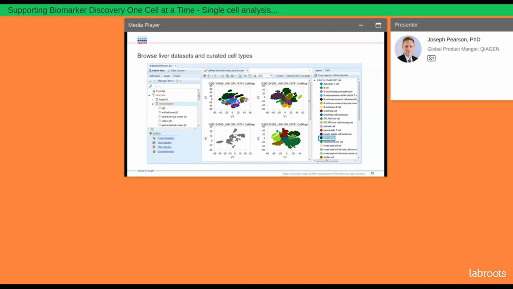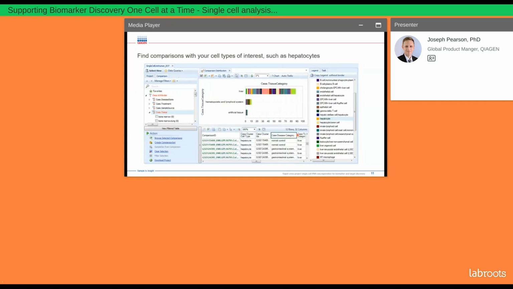As I mentioned before, our statisticians perform comparisons between each cluster and all other clusters within the dimension reduction analysis, so you can explore these comparisons directly. In this example, again, we're looking for hepatocytes, and we're interested in what are the key differentially expressed genes within hepatocytes compared to the other cells that you might find within a liver.